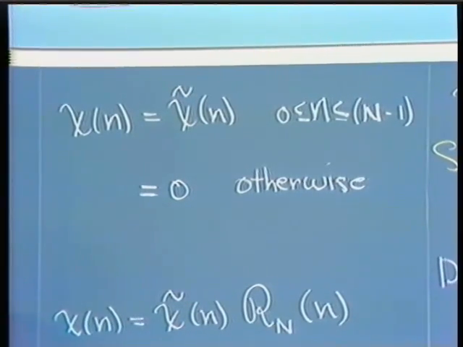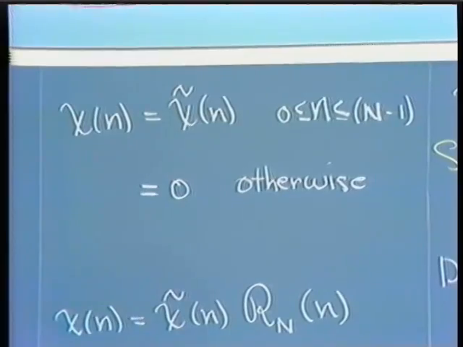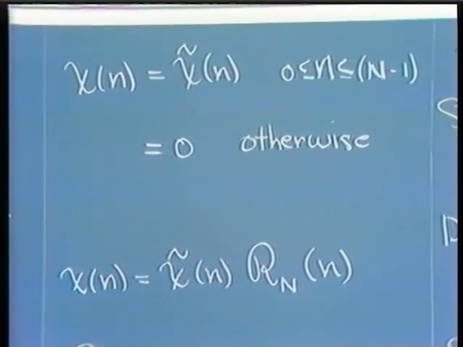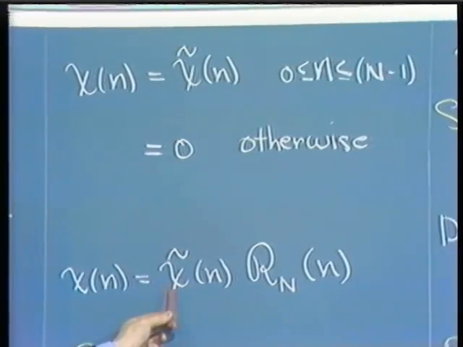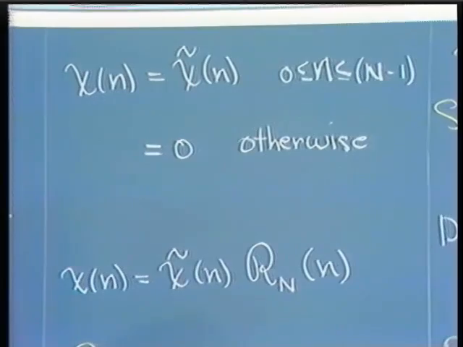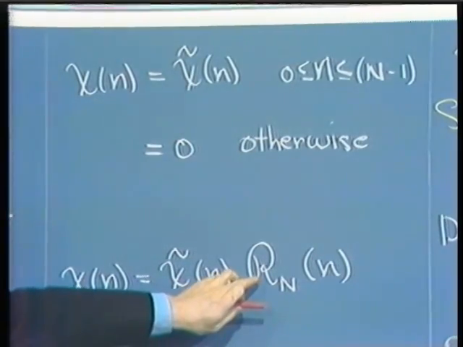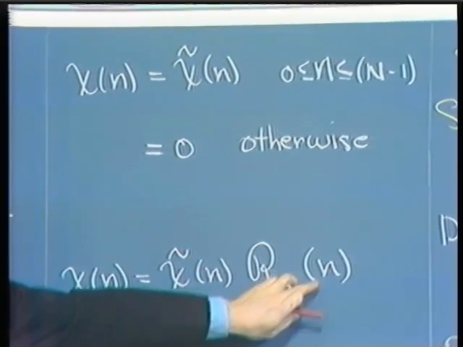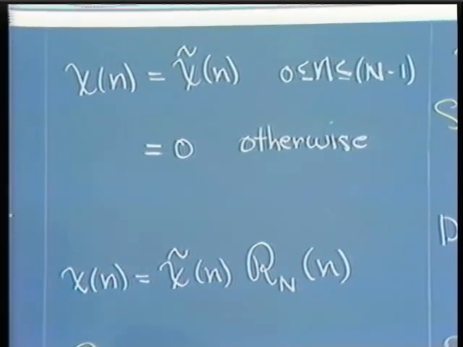Or what we'll use as a convenient form of notation for that is to express x of n, the finite length sequence, as the periodic sequence, x tilde of n, multiplied by another sequence, which I'll denote as r sub capital N of n, where r sub capital N of n is simply a rectangular sequence.